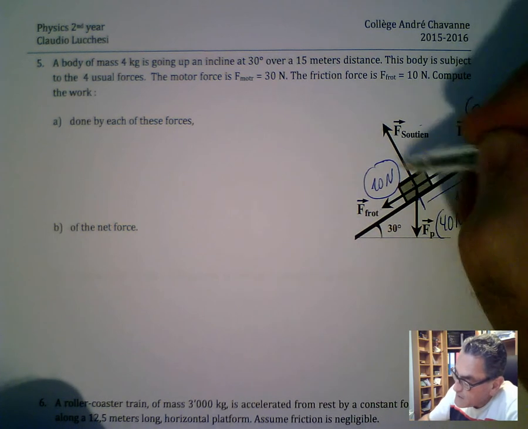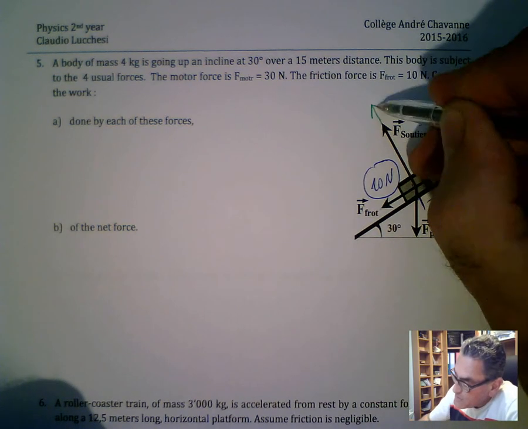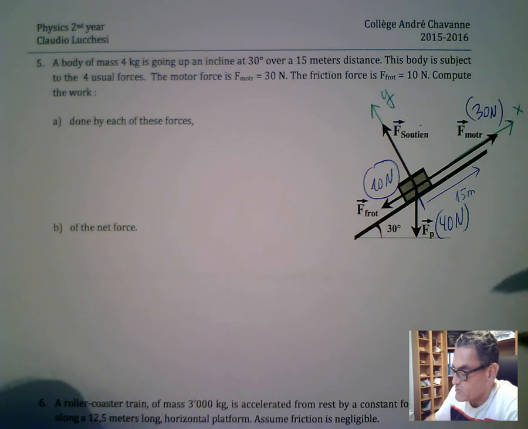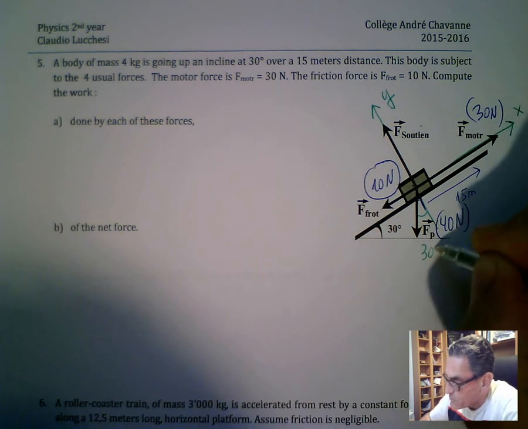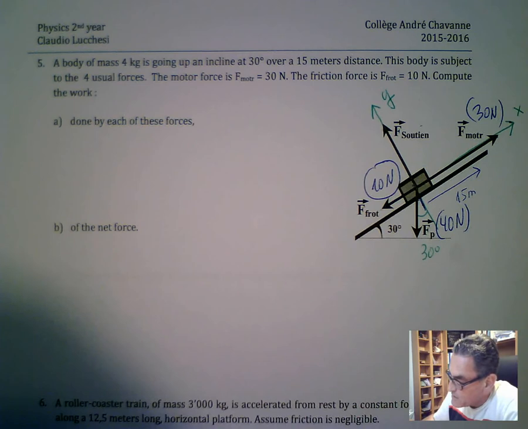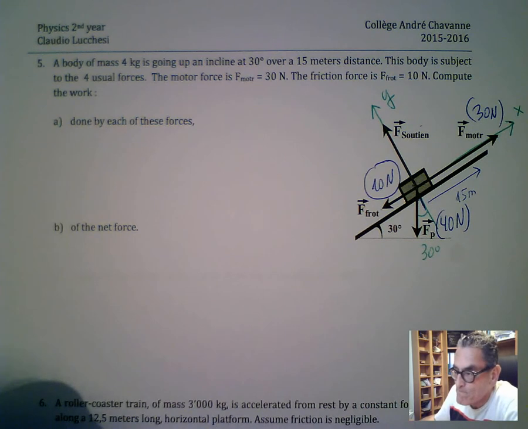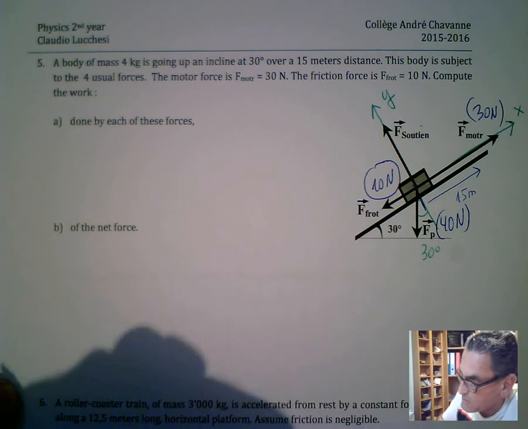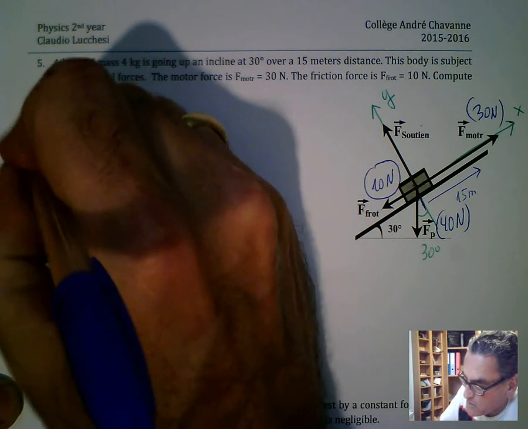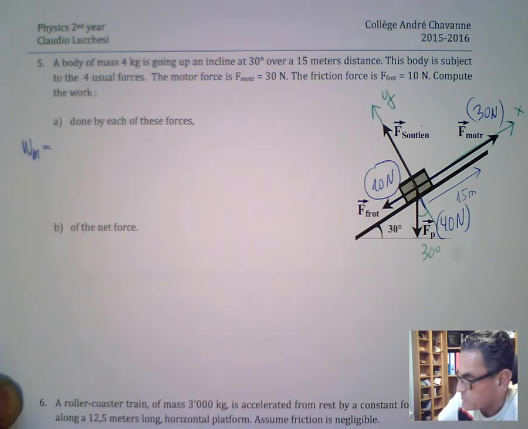We choose the x-axis to be here and the y-axis to be here. So here we will have an angle of 30 degrees, and that's pretty much the only angle we need to worry about. Okay, good. So now let's start by computing the work of the motor force.